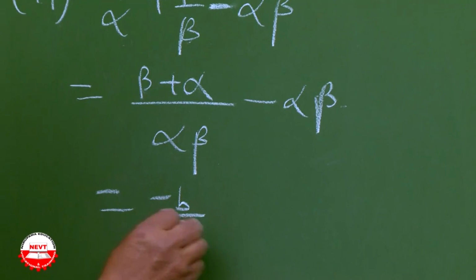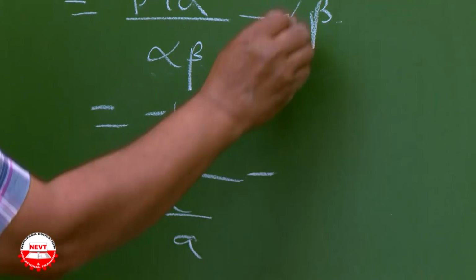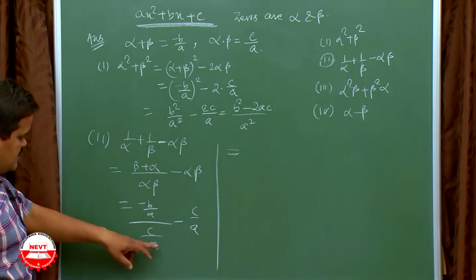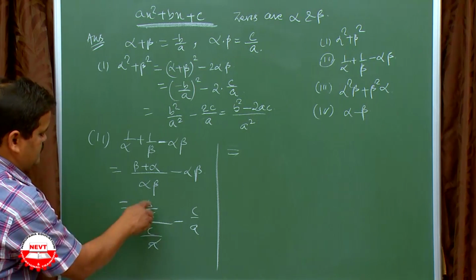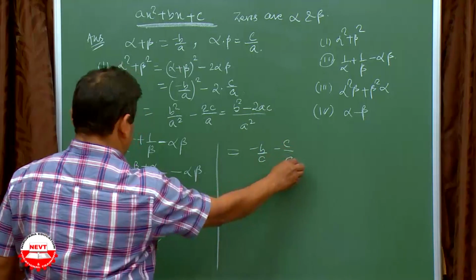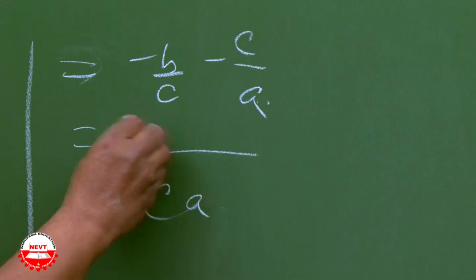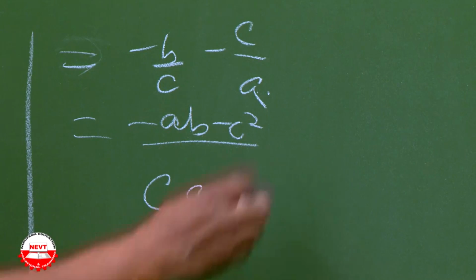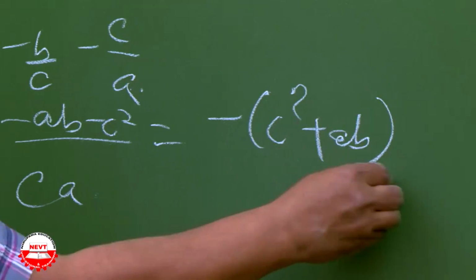Minus b by a, by alpha beta means c by a, minus alpha beta is c by a. That is equal to, this a will cancel when you multiply, so it will be minus b by c minus c by a. So if you take ac as LCM, it will be minus ab minus c square, or is equal to minus of c square plus ab by ac.